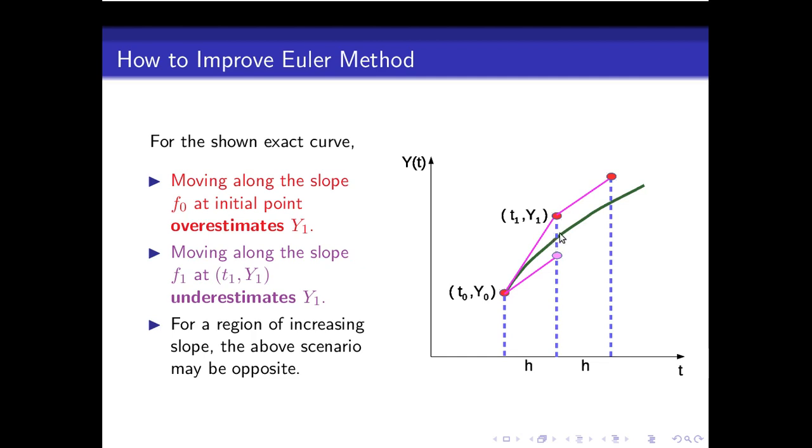This is t0 plus h, so this is t1. The exact solution at t1 should be here, but the slope at the initial point overestimates y1. So what you get is a much increased value compared to the exact solution.